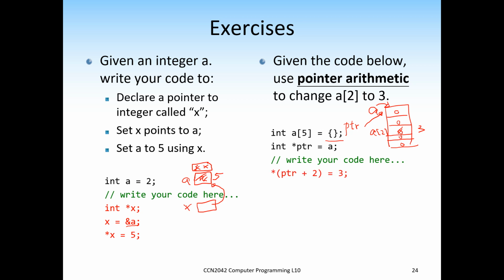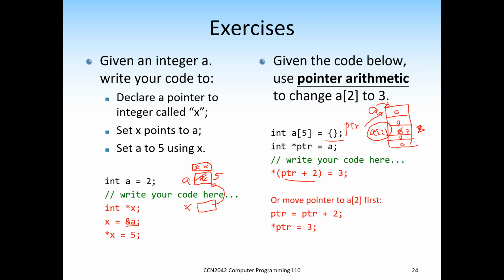So we simply make use of the arithmetic. So pointer plus 2. So pointer plus 2 means this particular location. And then now we dereference it and save it to 3. So that is 3. Alright?